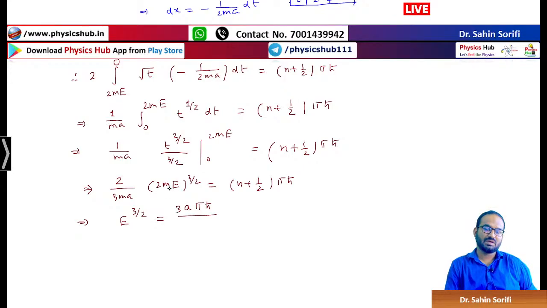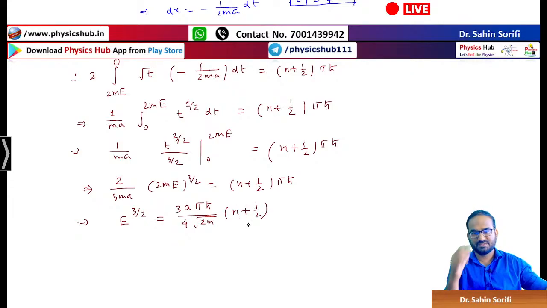So 2 into 2 to the power half gives 4, and we have square root of 2 and square root of m. So 4 square root of 2m into n plus half was there. Let's keep it that way.